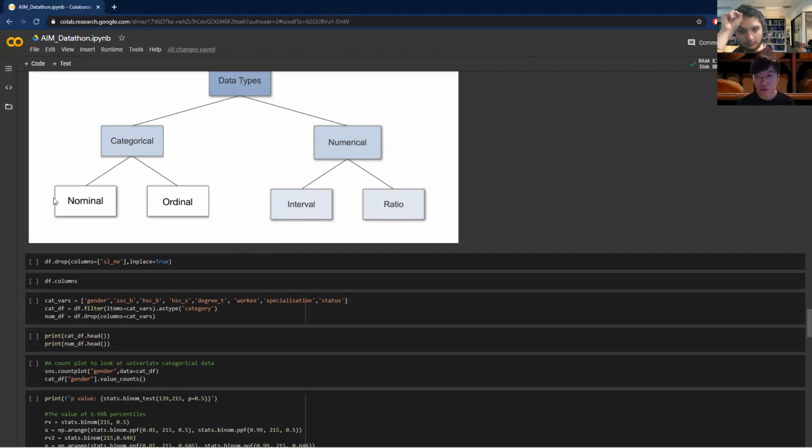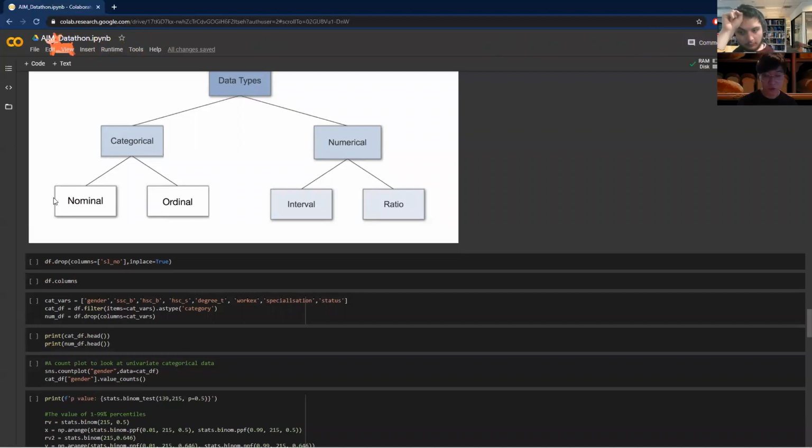And nominal and ordinal for categorical data just means this. If it's nominal, it means there's no order. So for example, gender, male, female, there's no order to that. It doesn't matter whether female is 0 or 1 or male is 0 or 1. There's no meaning to those numbers if you replace male and female with them.